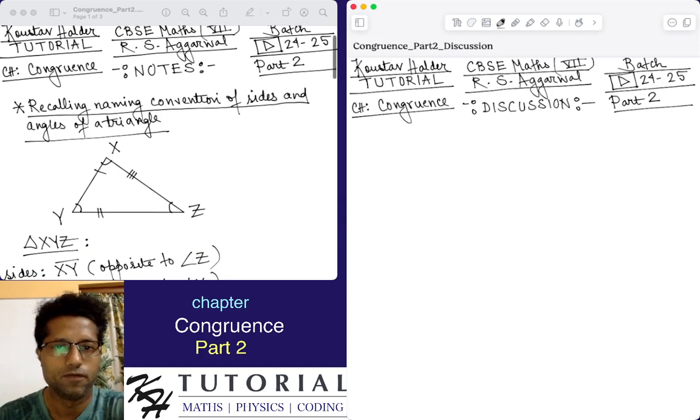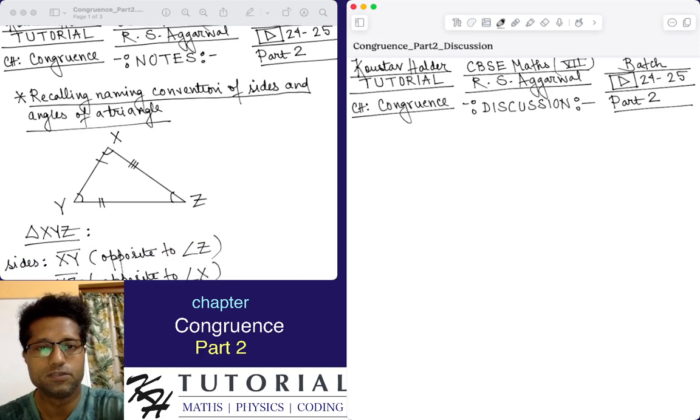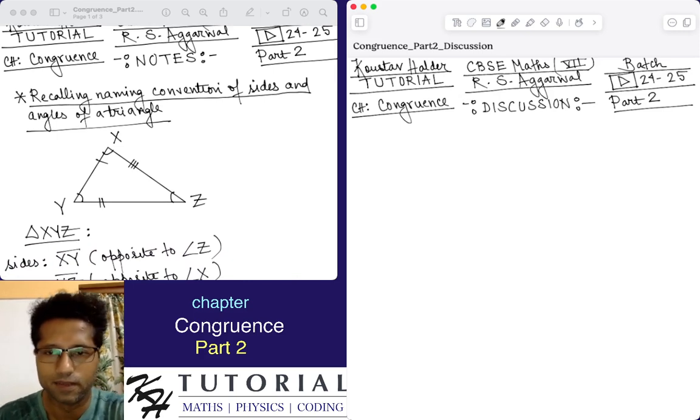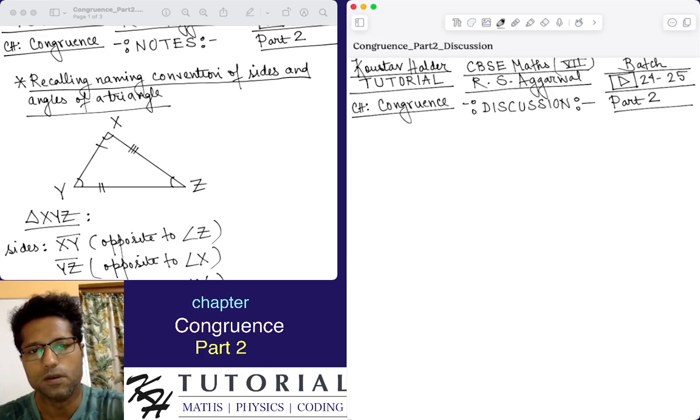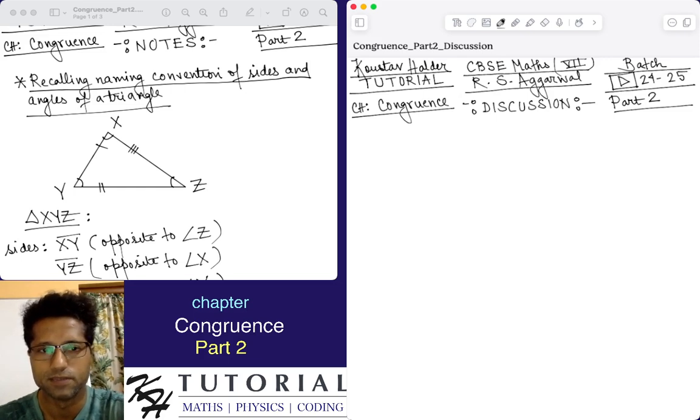First thing, recalling the naming convention of sides and angles of a triangle. So you have a triangle, and you have some vertices. In this figure we have triangle XYZ. Now, it is not that the only way you can name this triangle is XYZ.